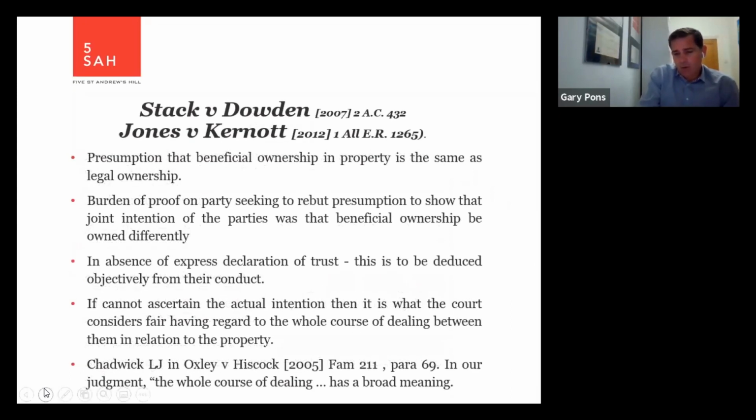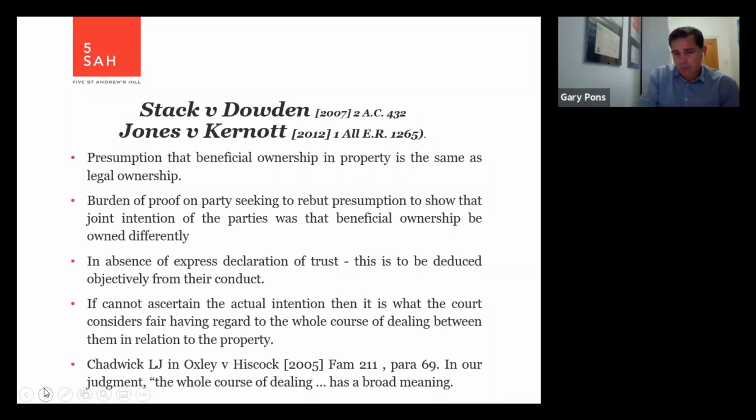In terms of the relevant case law in respect of determining parties' interests in property, the well-known cases of Stack and Dowden and Jones and Kerner still provide much of the guidance. The starting point is that there's a presumption that equity follows the law and that the beneficial ownership in the property is the same as the legal ownership.